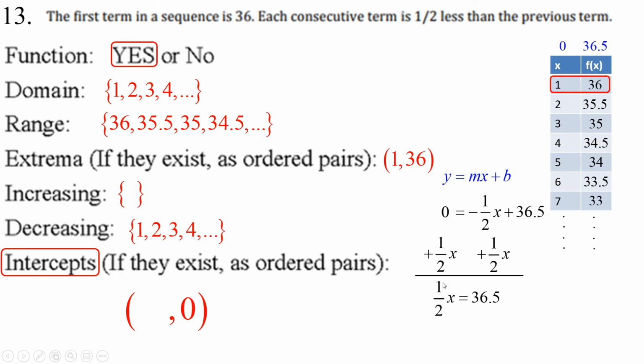Now we have to undo multiplying x by 1/2, so let's multiply both sides by 2. 2 times 1/2 is 1, so 1x equals 2 times 36.5. Is that 73? Yeah, x equals 73. So it's going to take to the 73rd term before my f of x gets to 0. So my x-intercept is (73, 0). And there's a little algebra there for you too.